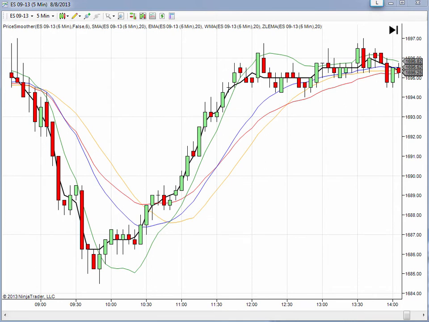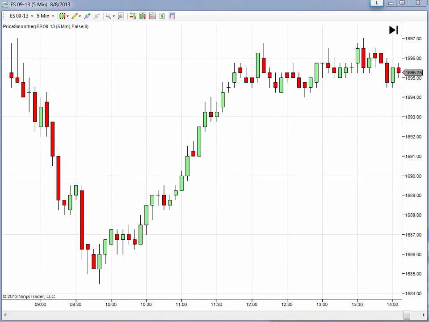And so this is something that is very interesting and very, very helpful to traders who use any kind of moving average in their trading, but also allows you to dial in different amounts of smoothing without causing a delay in the major peaks and valleys of the price action.